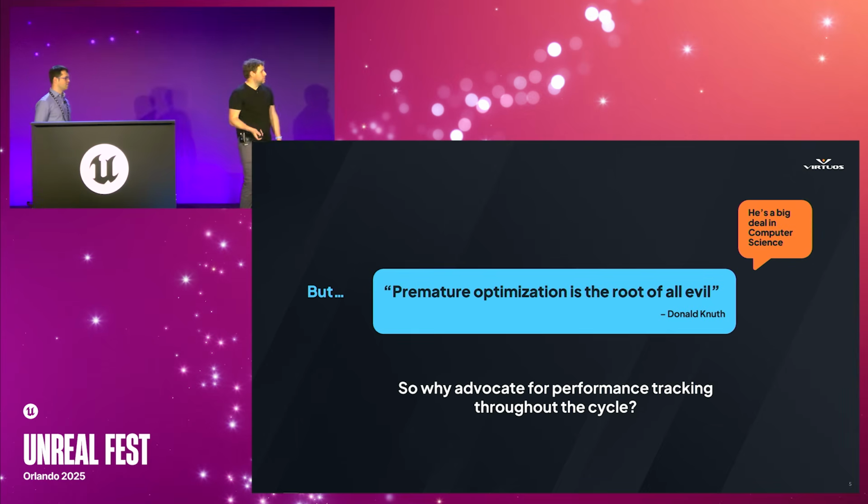This quote is from a book called Structured Programming with Go To Statements, so that shows its age a little bit. But when we actually dig into that book and look at what Knuth was saying in more detail, it becomes a lot more clear. I'm paraphrasing a little bit here, but what Knuth said is, programmers waste an enormous amount of time thinking about the speed of non-critical code in their programs.